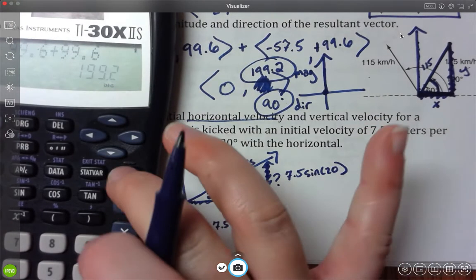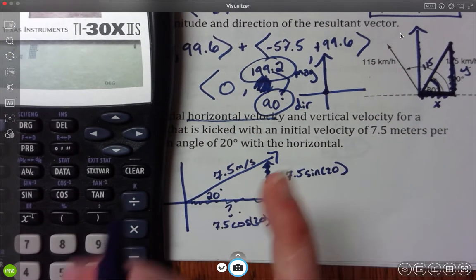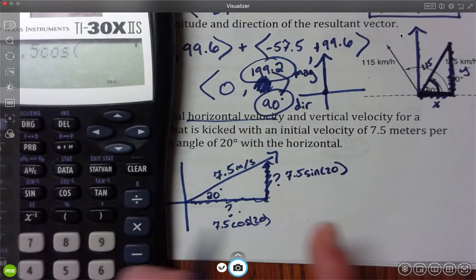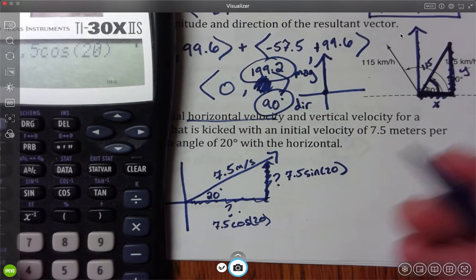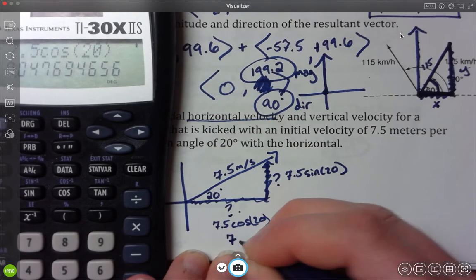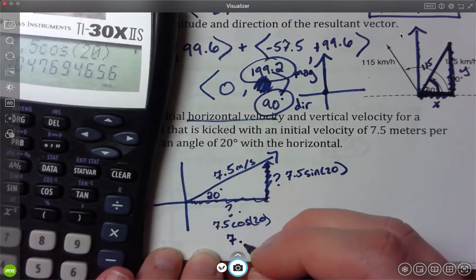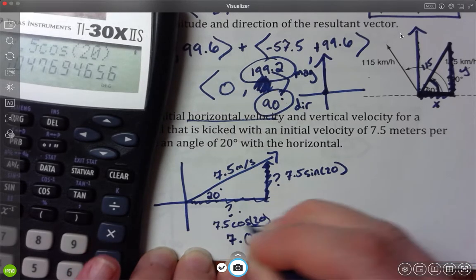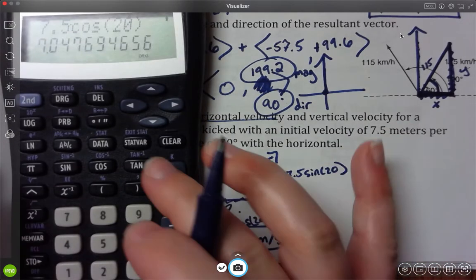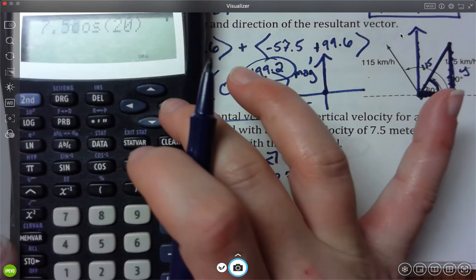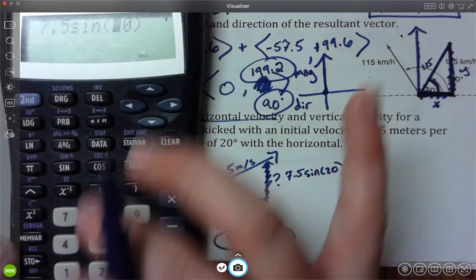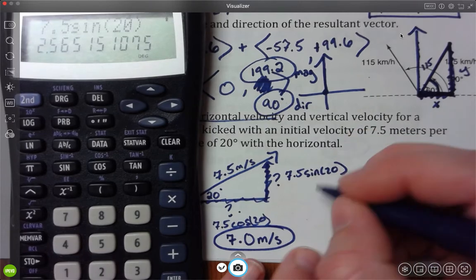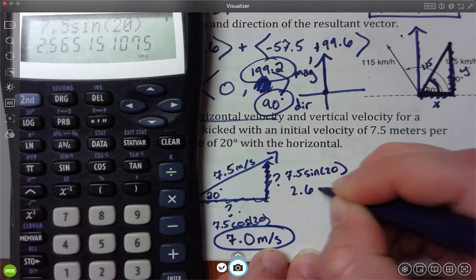Okay, so 7.5 cosine of 20, which is, so he's only going horizontally, he only looks like he's going 7.0 meters per second. Vertically, it looks like he is going 2.6 meters per second.